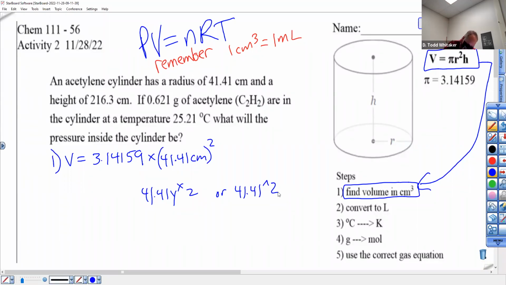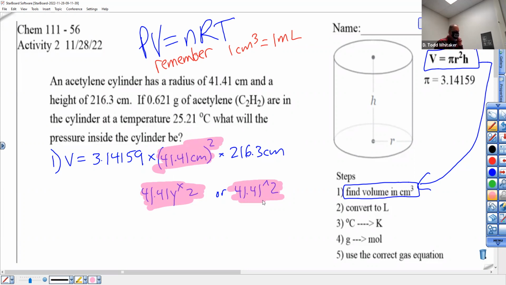Pi r squared times height. Height better be in centimeters too. And it is 216.3 centimeters. And when we're done, this was just for this piece here, the same piece right there. Okay. So I will pause.